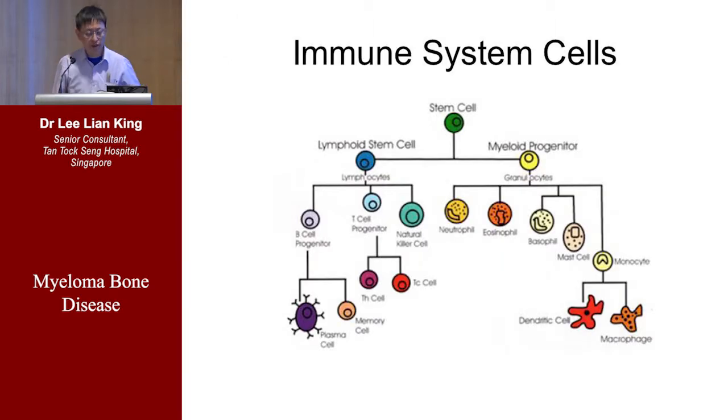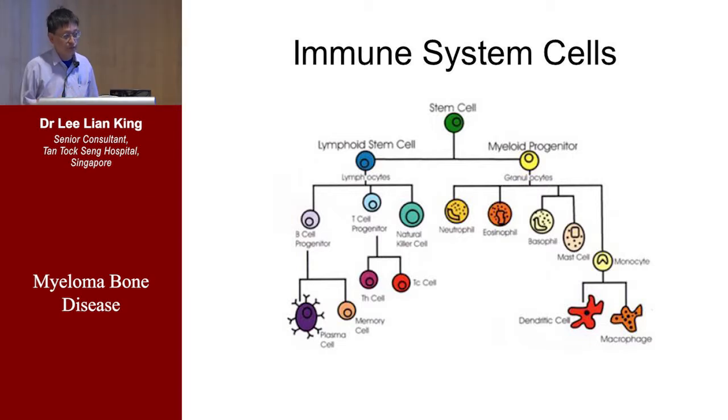Now, myeloma is a disease of the immune system cells called plasma cells, which turn cancerous. From this slide, you can see in our immune system, all the cells develop from the stem cells, and the stem cells develop into lymphoid cells and myeloid cells. The lymphoid cells consist of lymphocytes, which we can test in the blood.